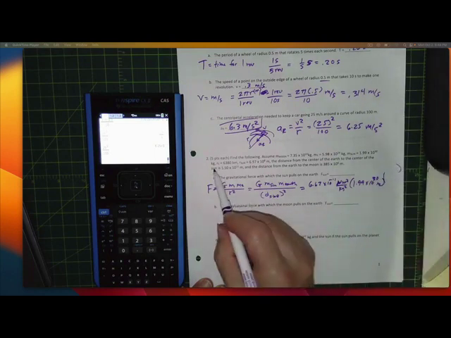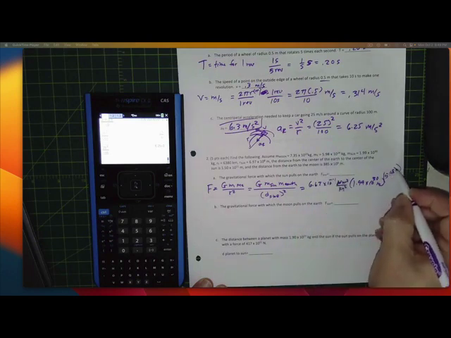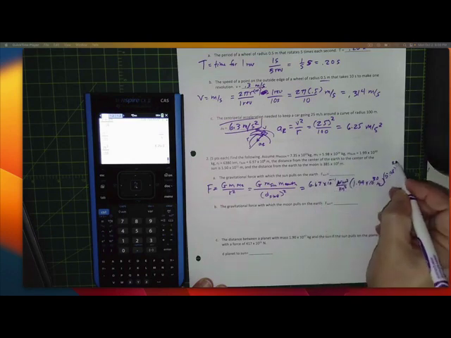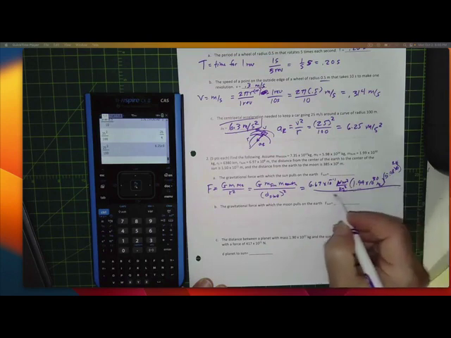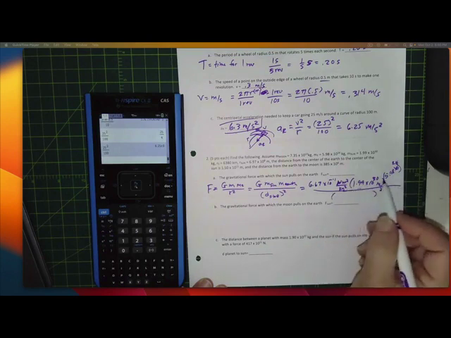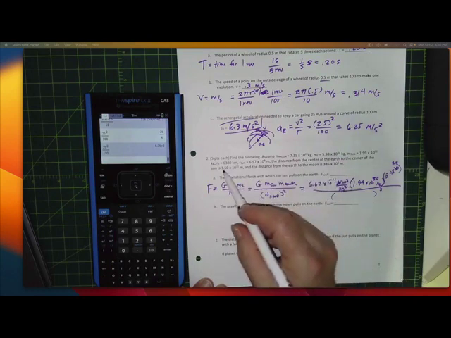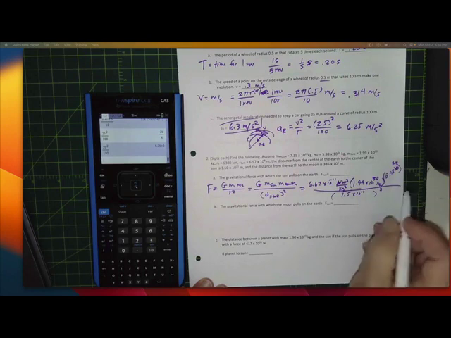Mass of the Earth, 5.98 times 10 to the 24, and then divided by the distance between the Earth and the Sun. Center to center is what we want. 1.5 times 10 to the 11 squared.